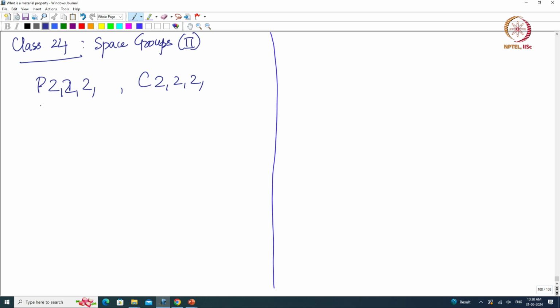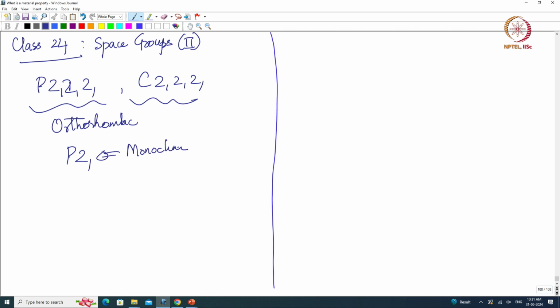The underlying crystal system is still orthorhombic, but now it is not simply P222 or C222, it is P21 21 21, so all three screw axes are 2-1 screw axes. Or I can have a space group which is just P21. This is monoclinic, where my two-fold axis is not just a simple two-fold axis, rather there is a screw element to it, so you have to also think of the translation.